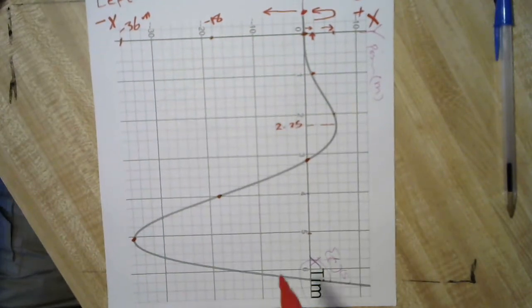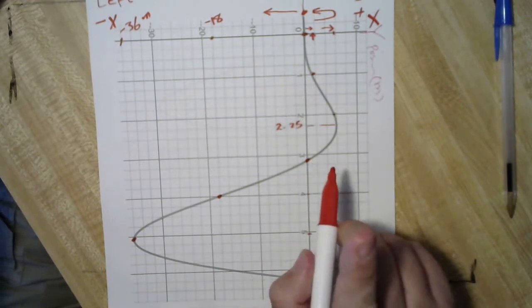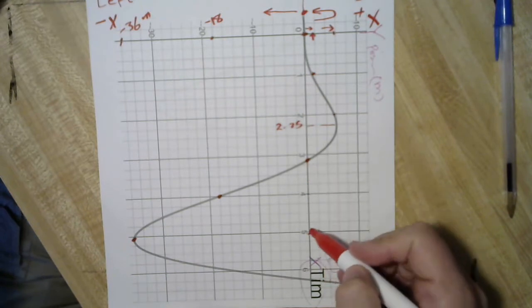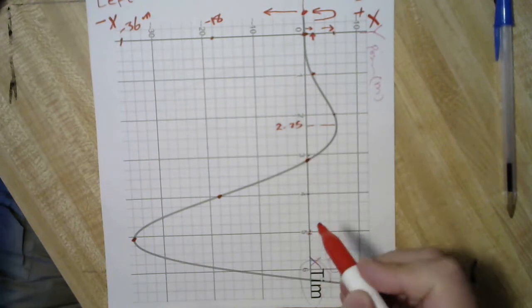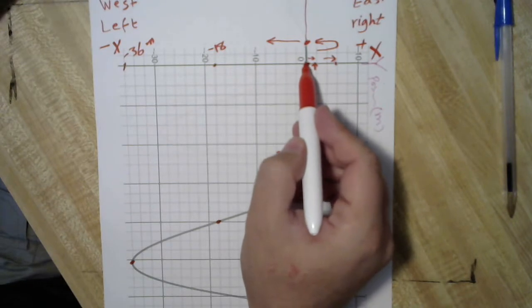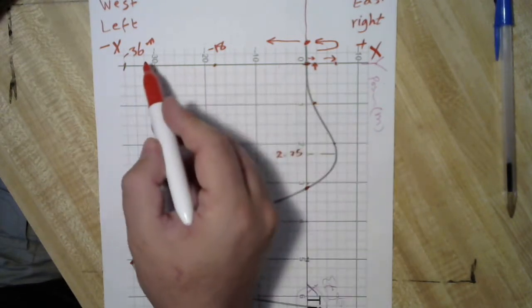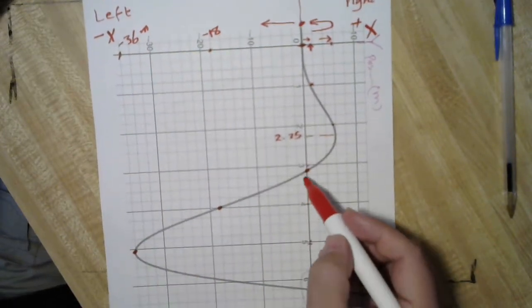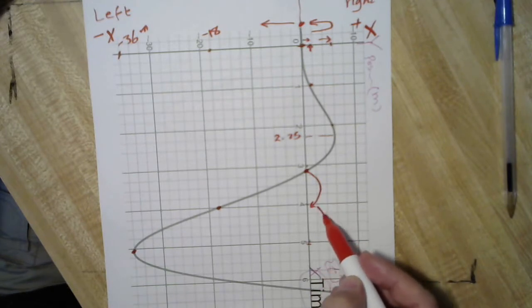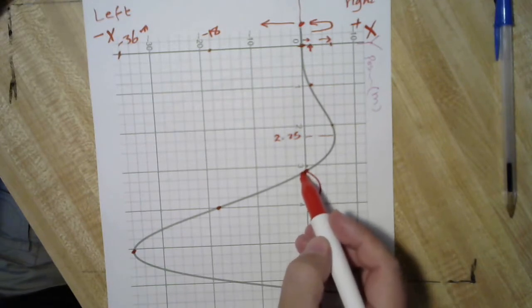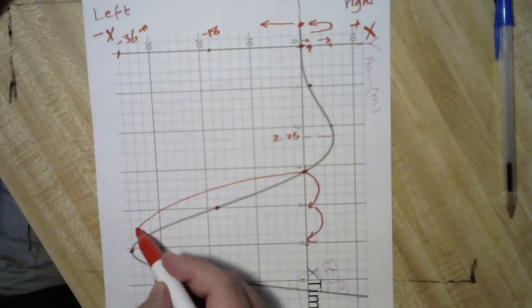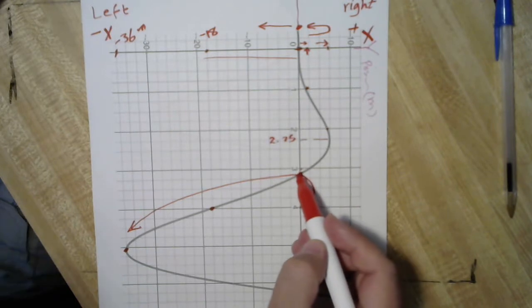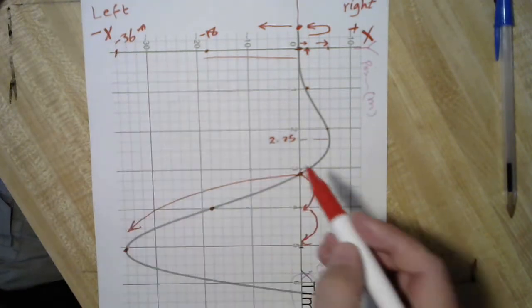Now you can see that within 2 seconds, from 3 to 5, the body passes almost 36 meters in the negative direction, or left, or west. In 2 seconds, from 3 to 4, from 4 to 5, it changed its position from 0 to negative 36.